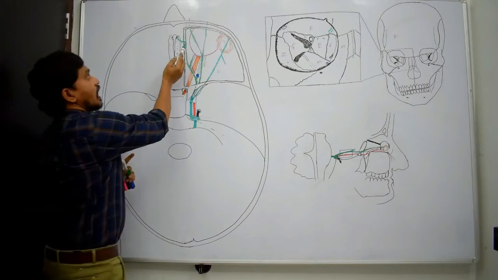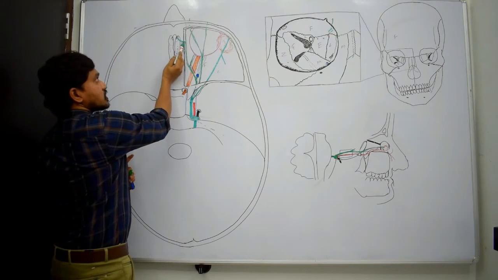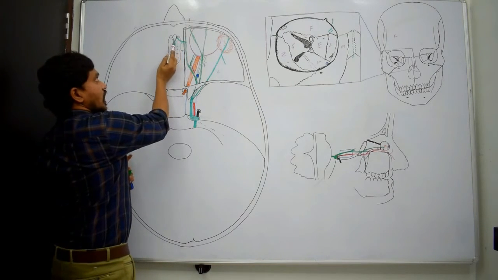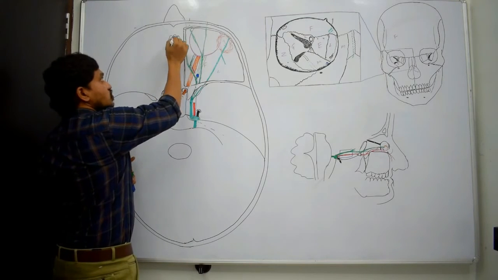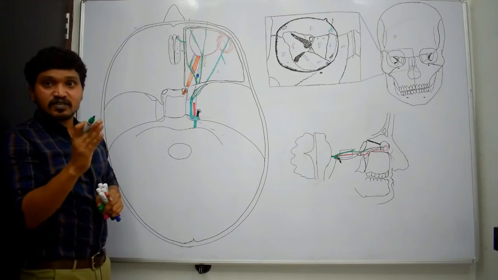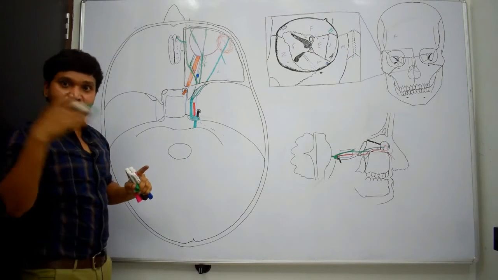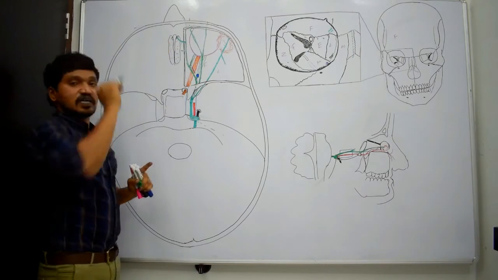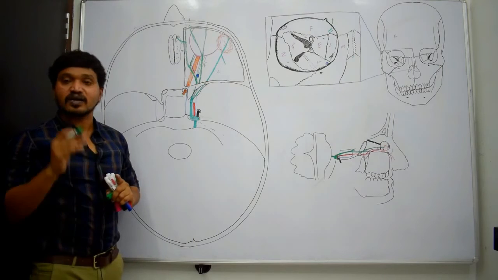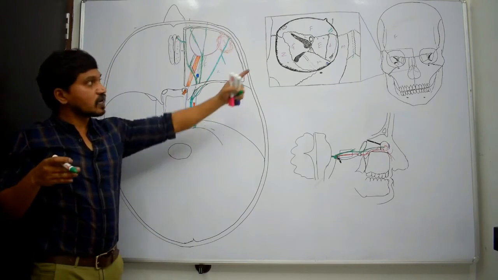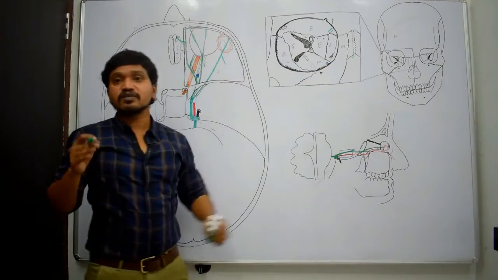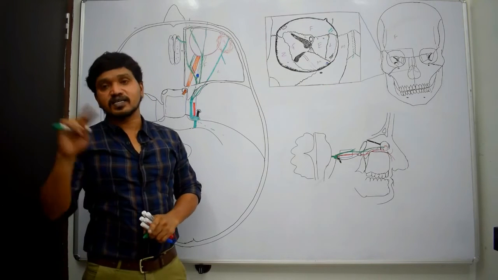Recollect once again. Anterior ethmoidal nerve passing through the anterior ethmoidal foramen appears in the anterior cranial fossa, then runs over the cribriform plate of ethmoid and reaches the slit which is present at the side of the crista galli. Through that slit it enters the nasal cavity and runs deep to the nasal bone, where it will give two internal nasal branches.